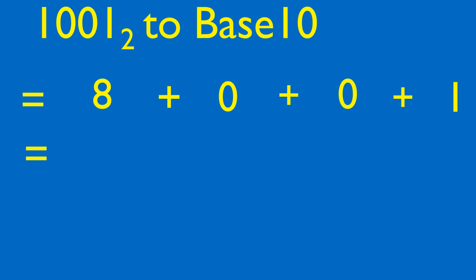So looking at what we have been able to simplify, we have 8 plus 0 plus 0 plus 1, and that gives us 9. Therefore, our answer, converting 1001 in base 2 to base 10, is as shown, and the answer is 9.